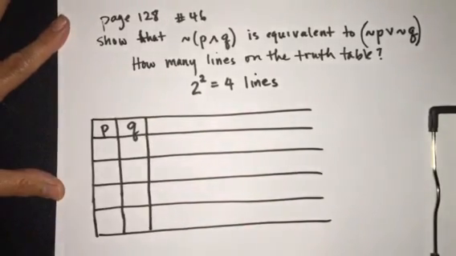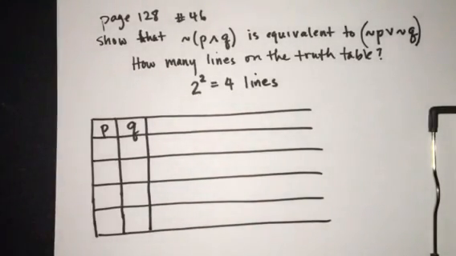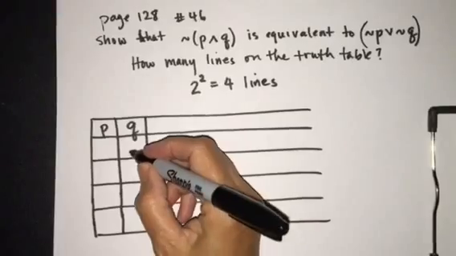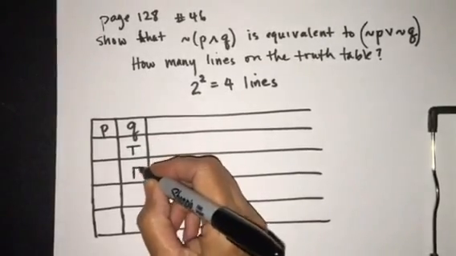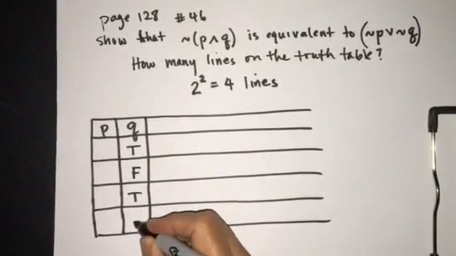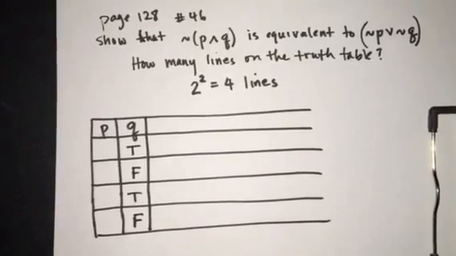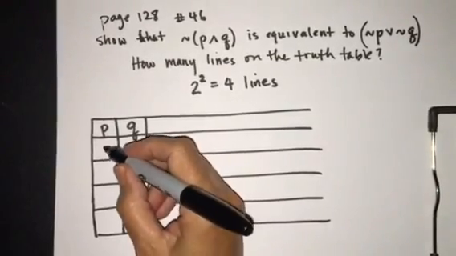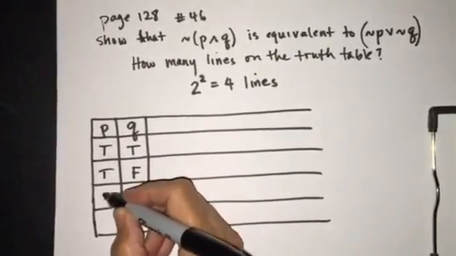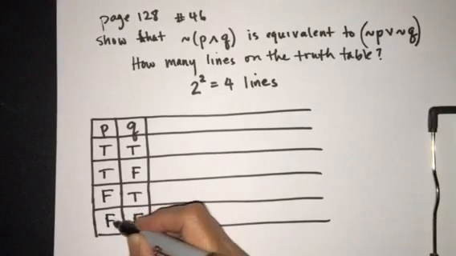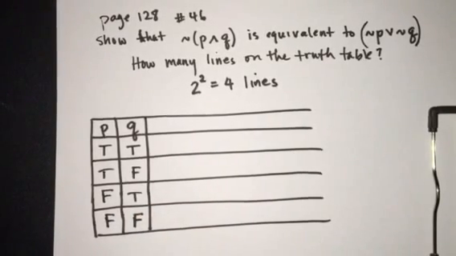So my 2 columns, P and Q, and what I generally do is have the one furthest in alternating. So Q would be TF, TF. And then P, 2 T's, 2 F's. I'll just follow that pattern till I get them all filled in.